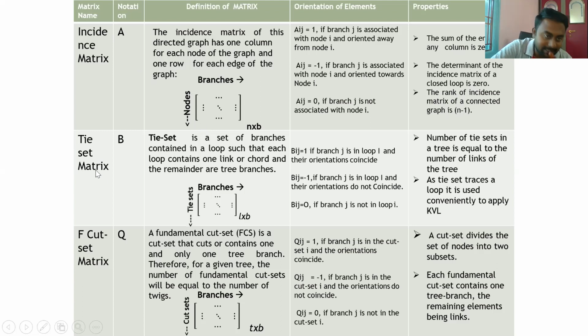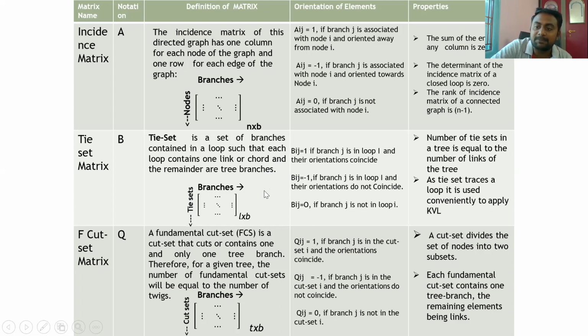The second thing is the tie-set matrix B, which is written for the number of tie-sets versus the number of branches. Always the number of tie-sets is equal to the number of links present in that tree. If the link direction and the loop direction are the same, we consider +1.